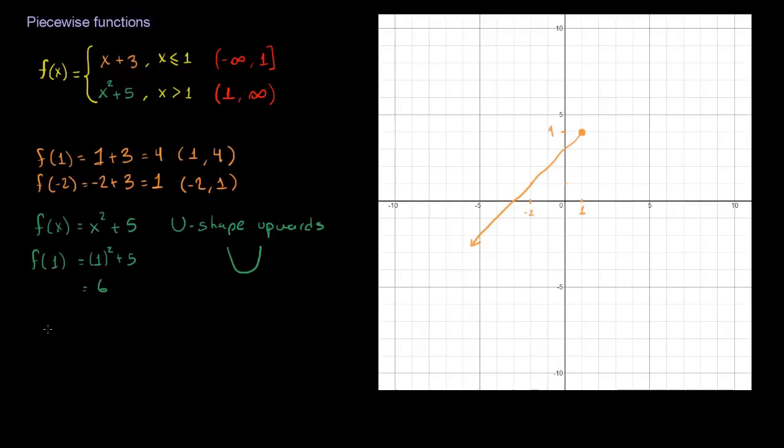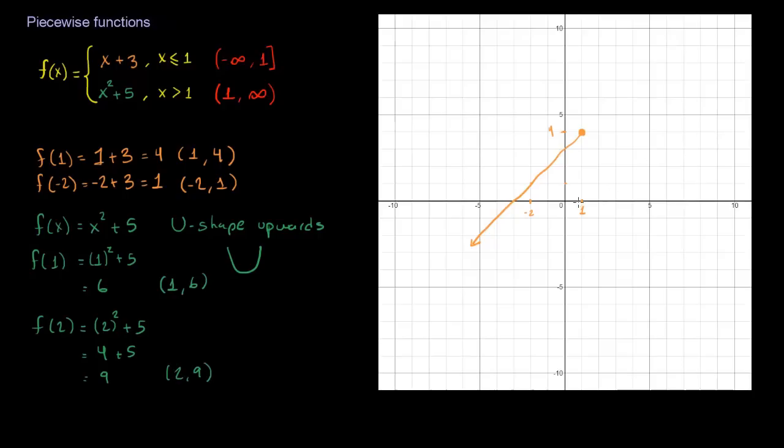I'm going to give another, simple value. f of 2 is 2 squared plus 5, which is 4 plus 5, equal to 9. So f of 2 is 9. The first point would be (1, 6), and here this will be (2, 9).